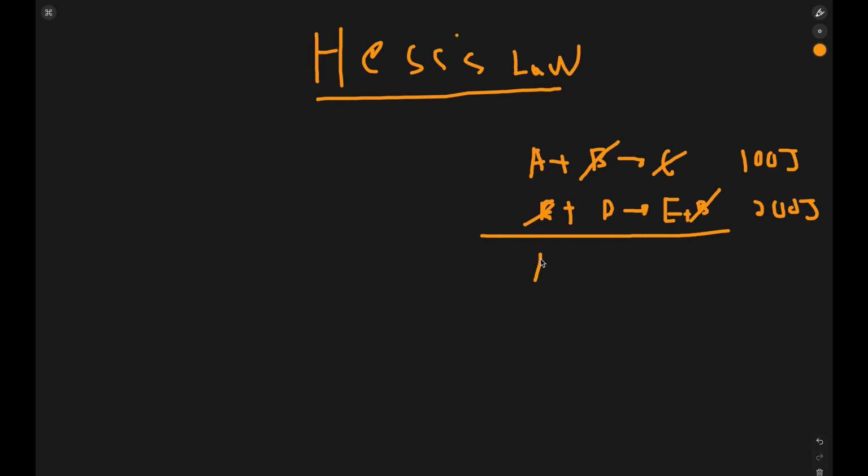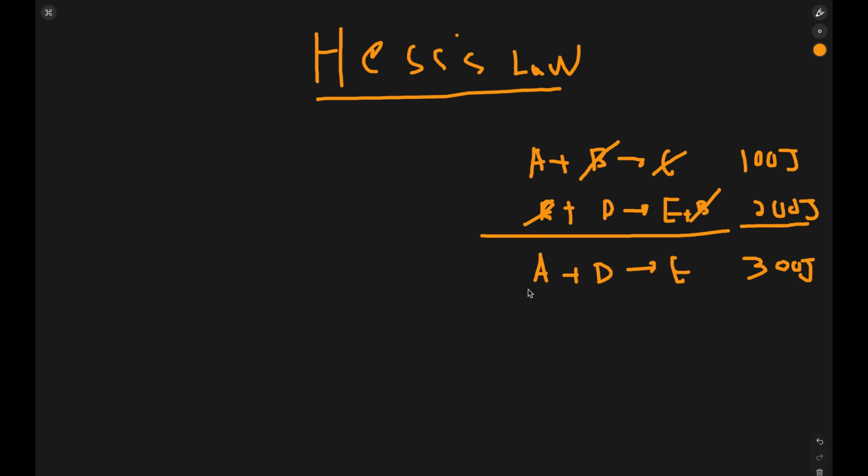And then you're left with A plus D yields E. And the change in enthalpy for this equation would be the sum of the changes in enthalpy of these two equations. So it would be 300 joules. And that's what Hess's law states.